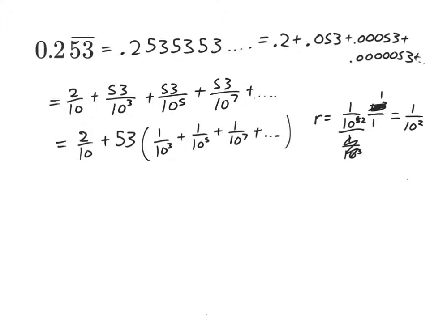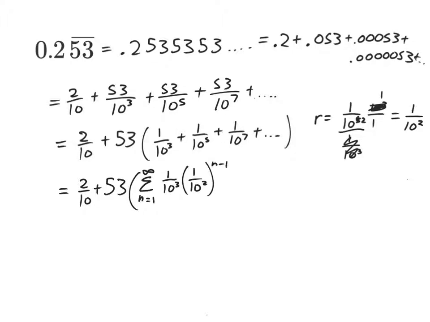So then I can rewrite this as 2/10 plus 53 multiplied by the summation of n equals 1 to infinity, because it's going to go on forever, of my first term, which is 1 over 10 to the third, multiplied by r, 1 over 10 squared, to the n minus 1.